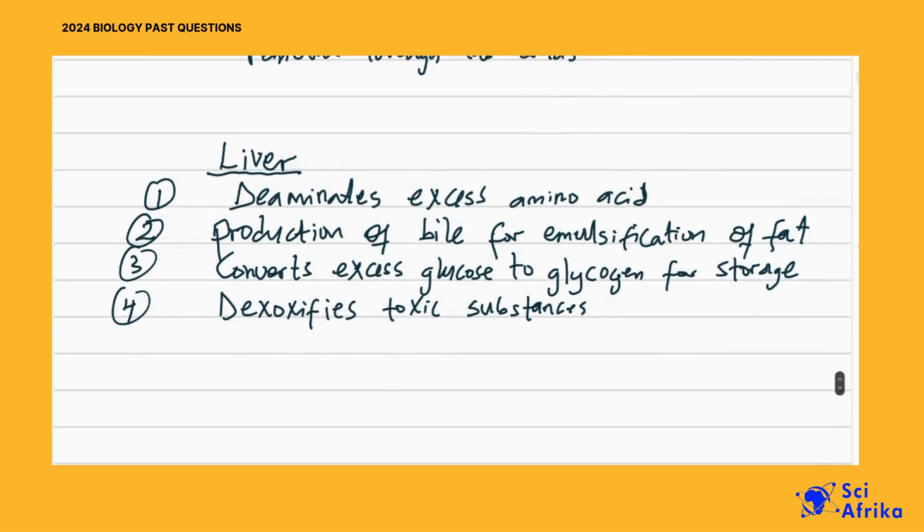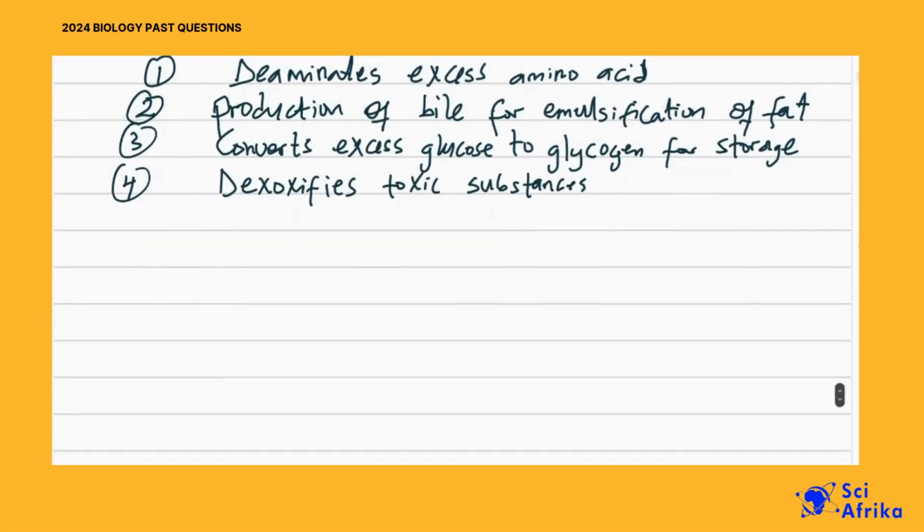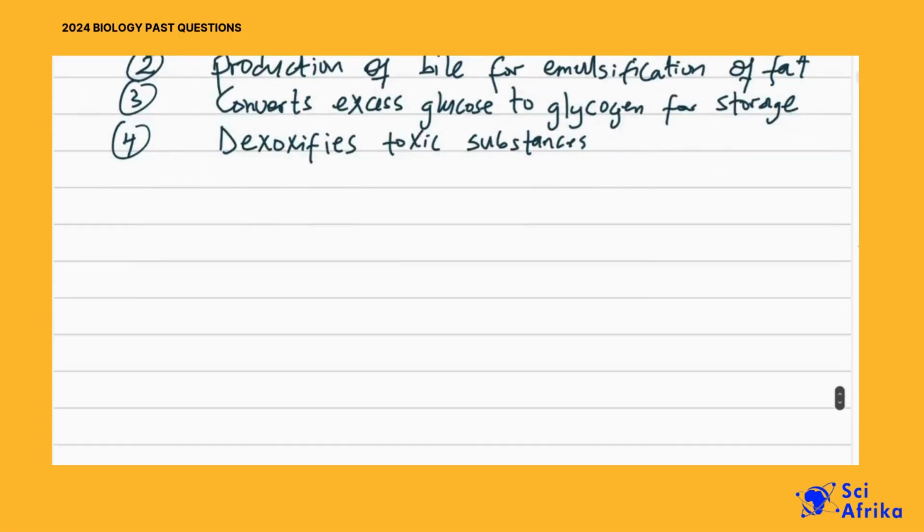Number 2B is asking us to list the organs that would contain enzymes needed to break down the food.